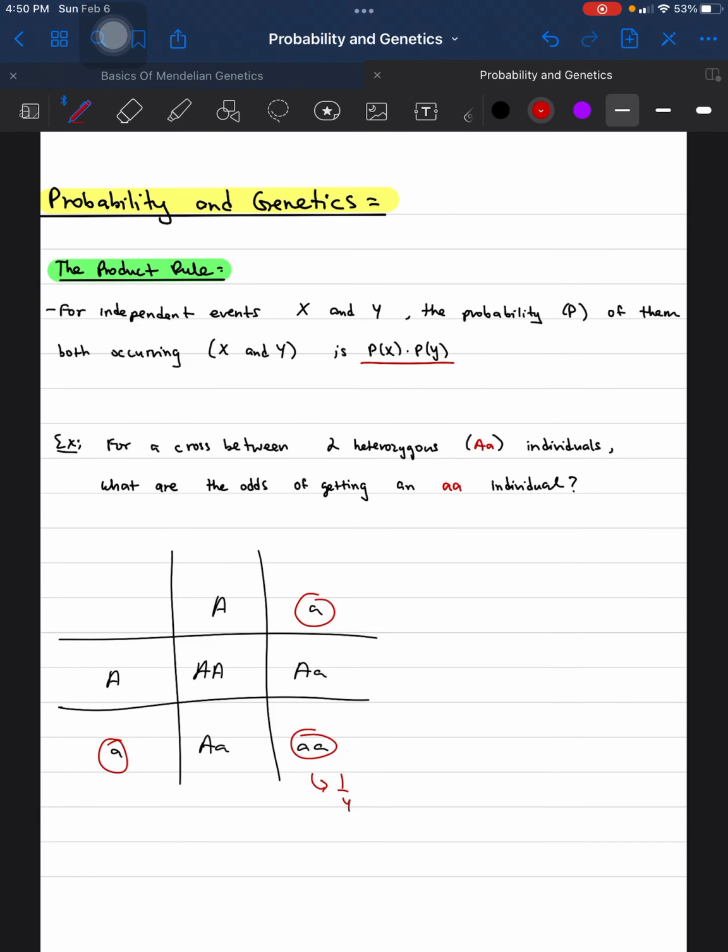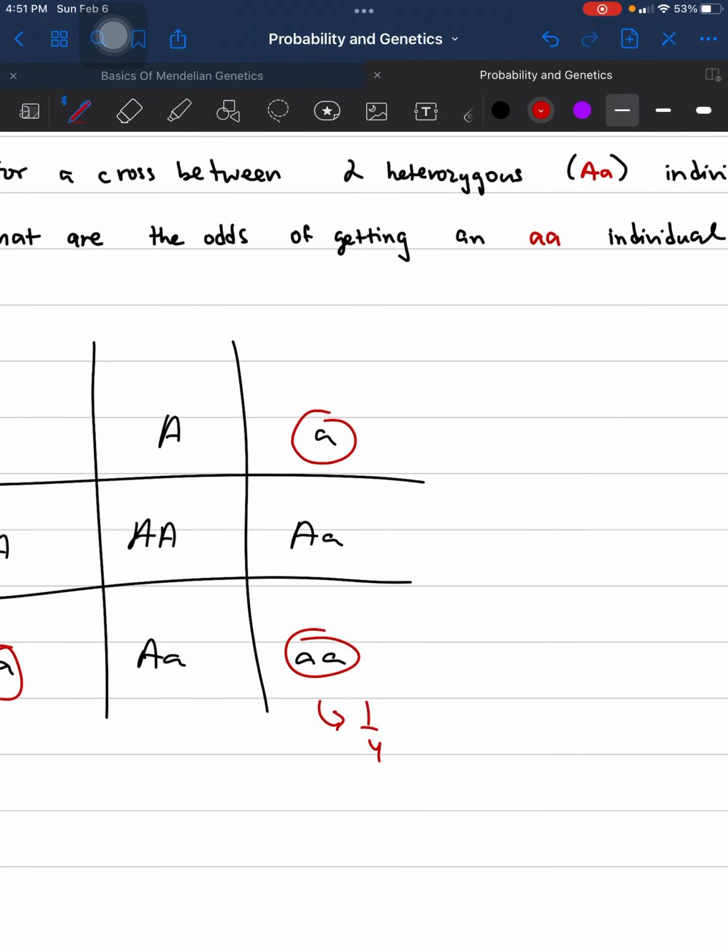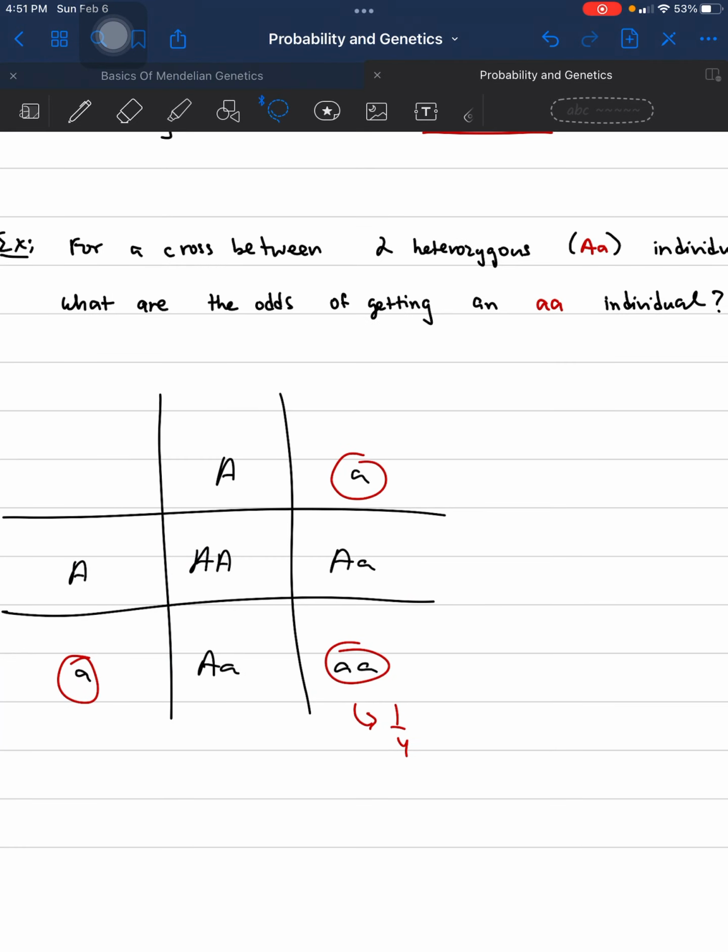So there are two ways to approach this problem. One way is just looking at all of the offspring and counting up how many homozygous recessive individuals there are. Or you can look at the parents and see what the odds are of each allele actually occurring in the offspring.